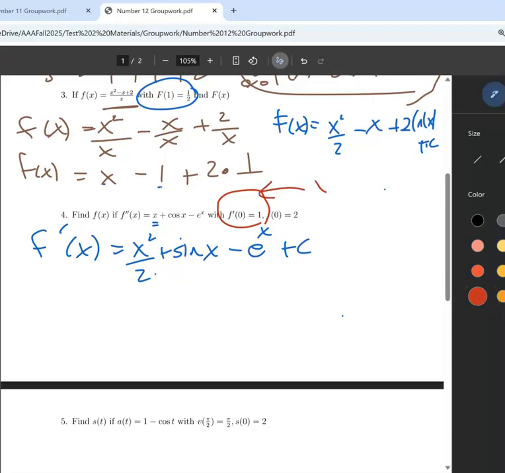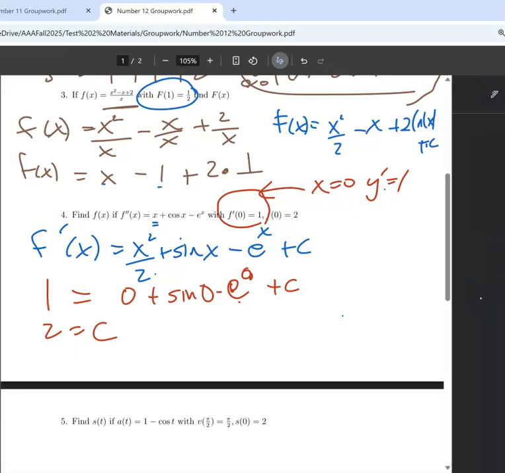So now here's where I use this. So this means x equals 0, y prime is 1. So plug in 1, so 0 plus sine of 0, minus e to the 0 plus c. So what do I get? E to the 0 you know is 1. If I put that on the other side, I get that c is equal to 2. Okay, so I can do a little erasing here.